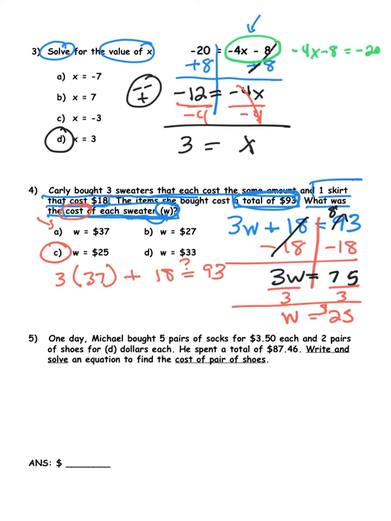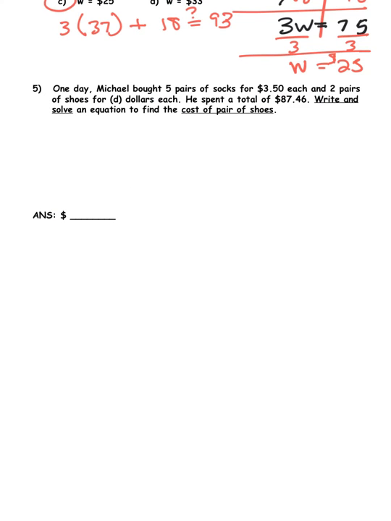Let's move on to the last question now. This says, one day Michael bought 5 pairs of socks for $3.50 each, and he bought 2 pairs of shoes for $D each.